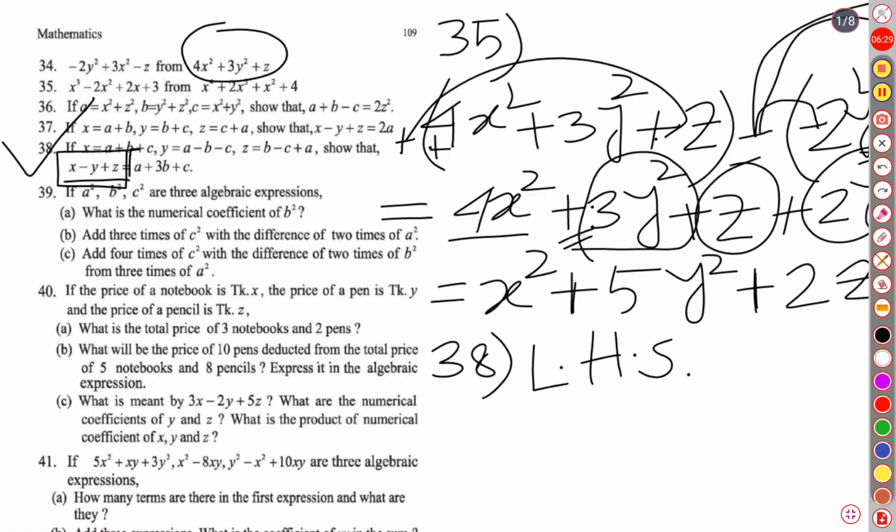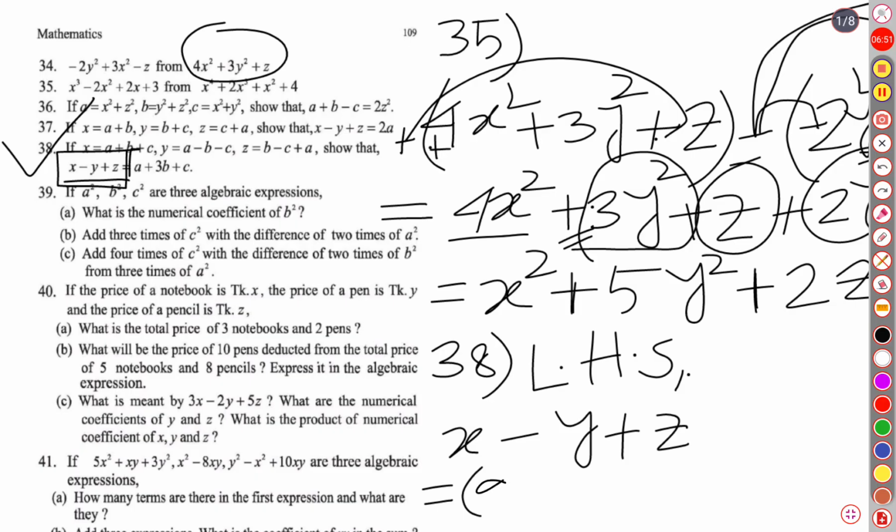As the question is, let's start with this left hand side. Left hand side says x minus y plus z. This is our left hand side, and ultimately our answer will be the right hand side. So let's start substituting the values. Value of x is given, a plus b plus c.